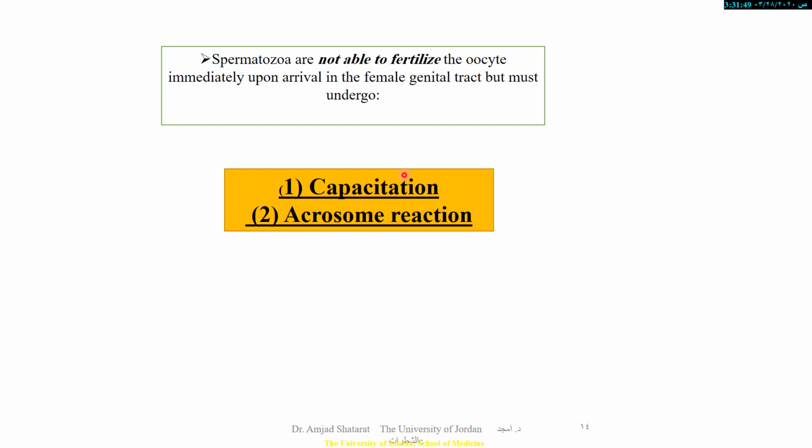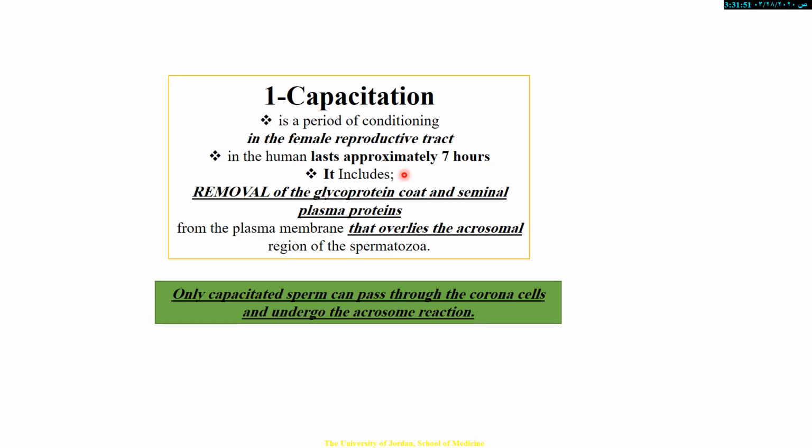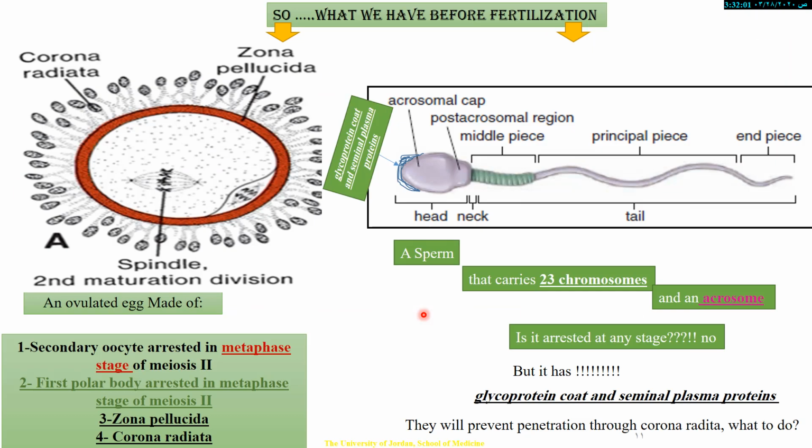So only capacitated sperm can pass through the corona cells and undergo the acrosome reaction. As you can see here, if this sperm immediately reaches the oocyte, it would be trapped by the corona radiata. It is like a wall for uncapacitated sperm.